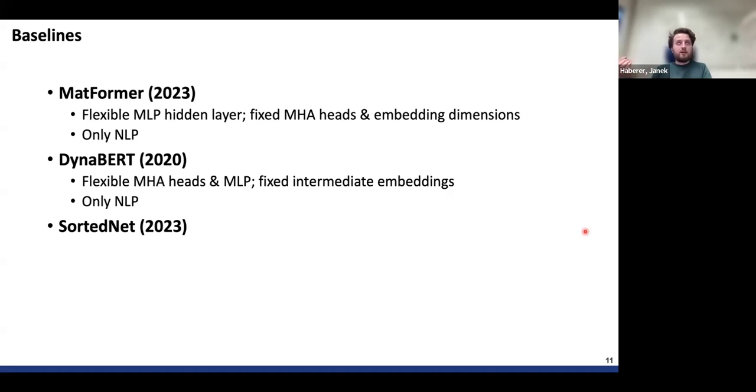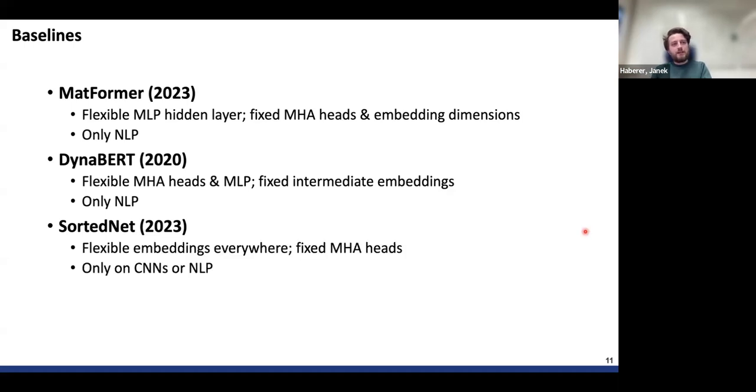For the MLP, I'm actually not sure if it was only for the hidden layer or also for the entry layer, but they always go back to this initial embedding size. So they don't fully size it down, which also means if you look at memory, you need to fit the largest operation. If you don't scale everything down, it might mean that you need more RAM than you could if you scale everything down, right? Also, it's only for NLP as well.